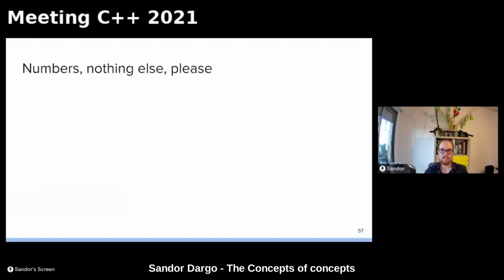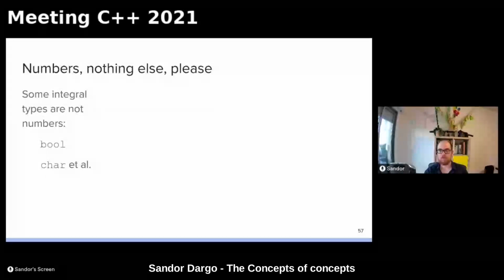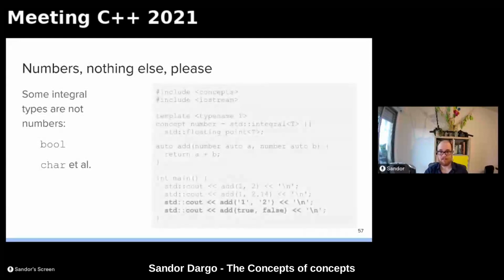So we used our number concept throughout the presentation, but the problem with it, well, you can approach it from different points of view. It obviously would not support user-defined numeric types, but if you just want to use the built-in types, the built-in numbers, then this is not good as such, because it accepts Booleans and characters as well.